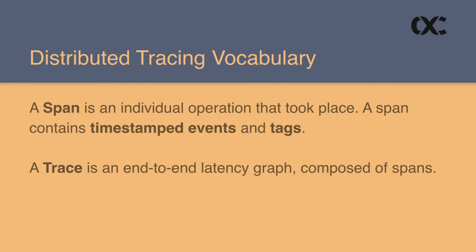When it completes, everything that branched out from there is in the same trace. A span is like one thing inside of it. So if I were making a request to post things and it ended up hitting MySQL, then there'd be one span for the post and maybe one span for MySQL. Unless the connection failed, then I'd have another one for the retry. So these are the things that we use to construct a trace.